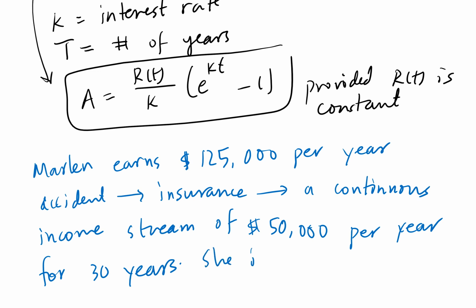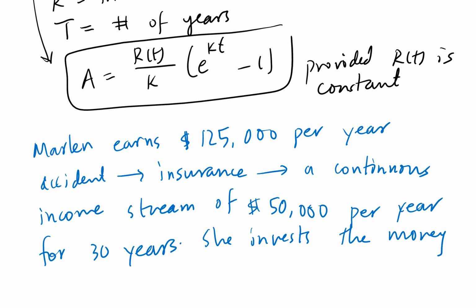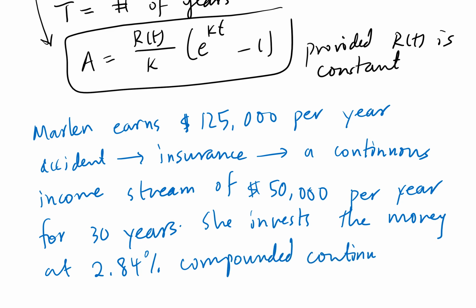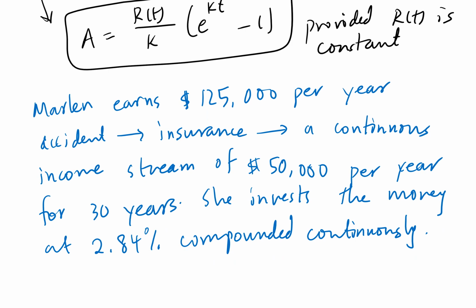She invests the money at 2.84% compounded continuously, in some kind of funds, mutual funds maybe.